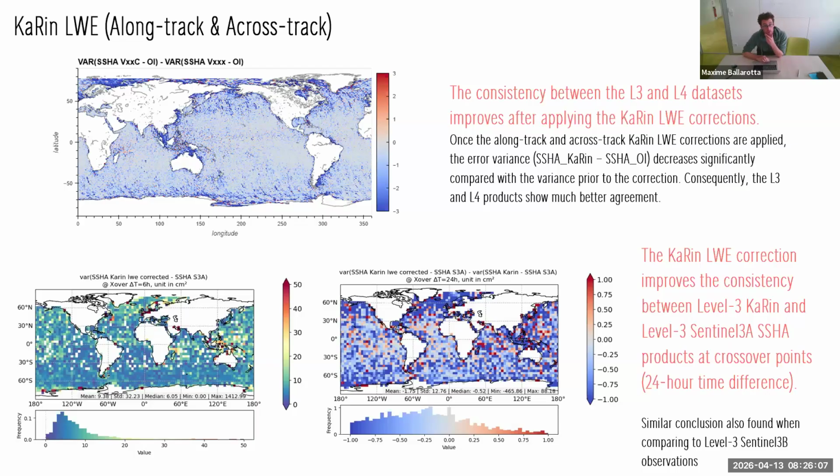Another diagnostic to look at is also the coherency with other altimetry datasets, such as, for example, Sentinel-3A data. If we look at crossovers, we do see also a better consistency with the Sentinel-3A dataset when we apply this correction at large scale on the Karin data.